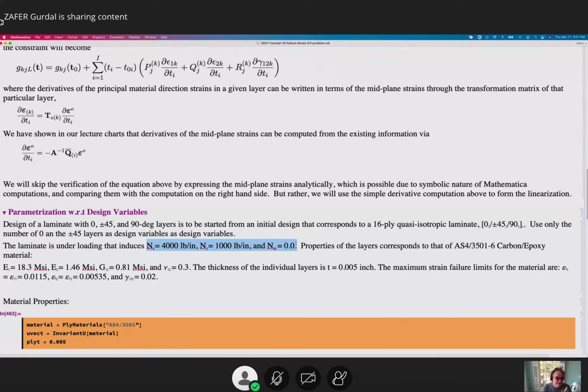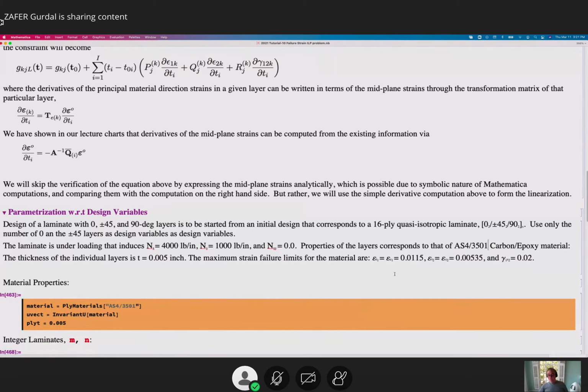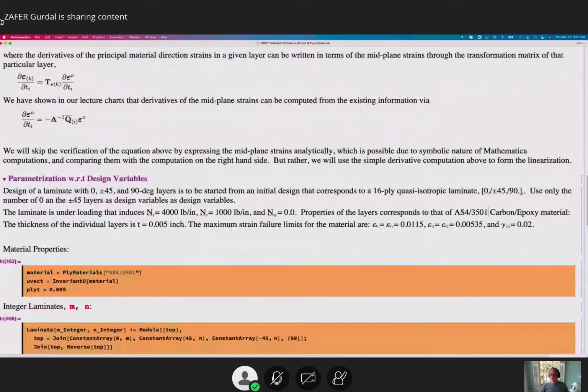The properties are AS4, and although I wrote them here, I'm going to actually remove this because I'm going to use a different material property set than what I just said. This was AS4 3501-6. I have a more generic AS4 3501, so I'm changing it to AS3501 carbon epoxy.